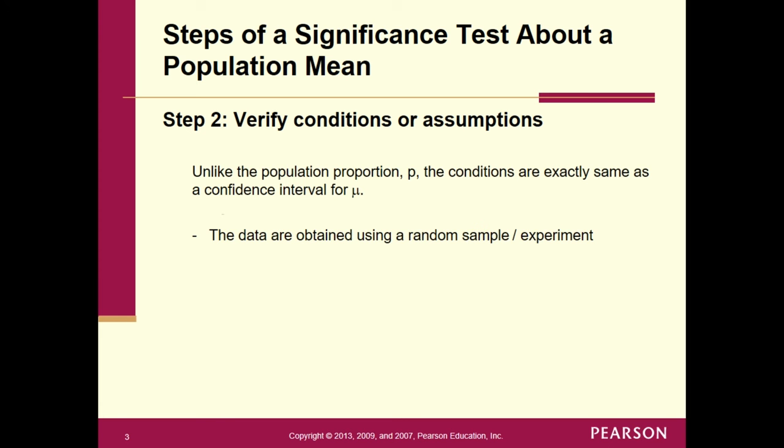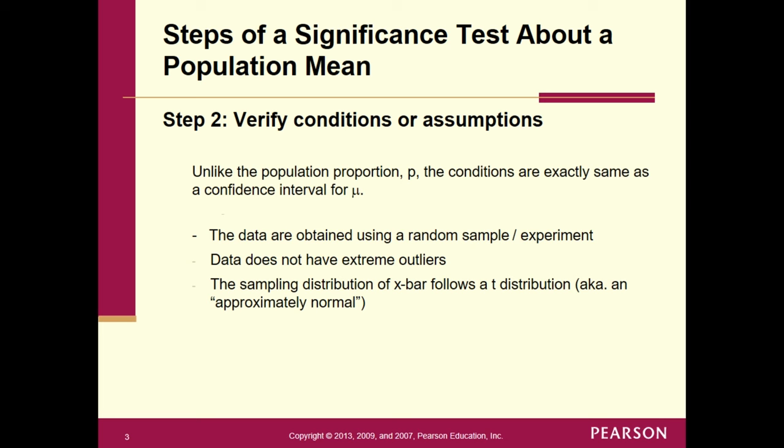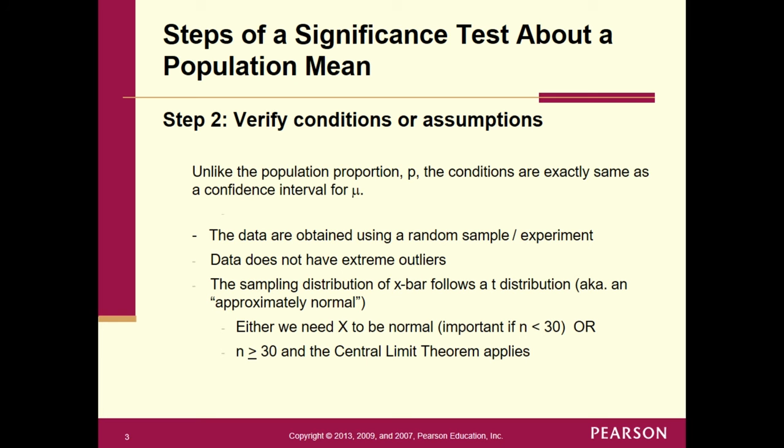So what are they again? The data are obtained either using a random sample or experiment, no extreme outliers, and the sampling distribution of x bar follows a t distribution, also known as an approximately normal distribution. When does that happen? Well, either we need x to be normal, and that's really important when n is less than 30, or n is greater than or equal to 30 and the central limit theorem applies.